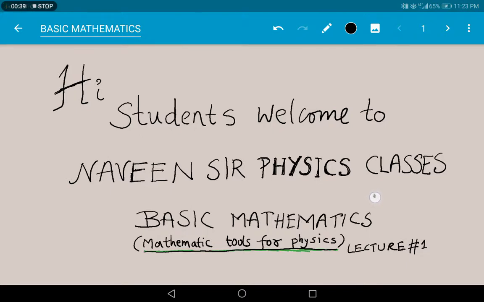So in this session we are going to deal with differentiation. What is meant by differentiation? How to find the differentiation? In this session we are going to discuss.